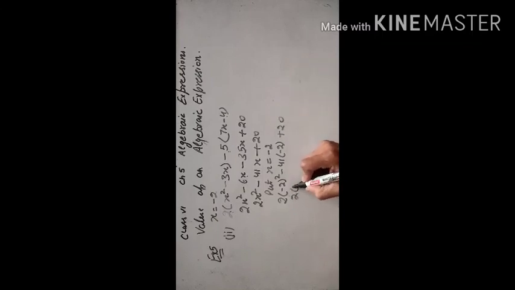Now 2 into 4 is 8, 41 into minus 2 is plus 82, plus 20. That is 8 plus 82 is 90, 90 plus 20 is 110.